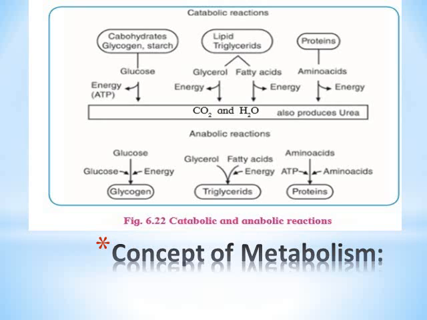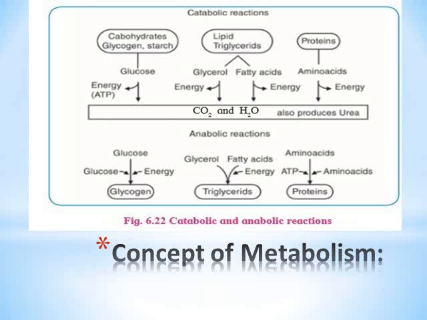Lipids or triglycerides, they are broken down to form glycerol and fatty acid, and it also releases energy. Proteins break down to form amino acid. Along with this, carbon dioxide, hydrogen, and urea are also produced.